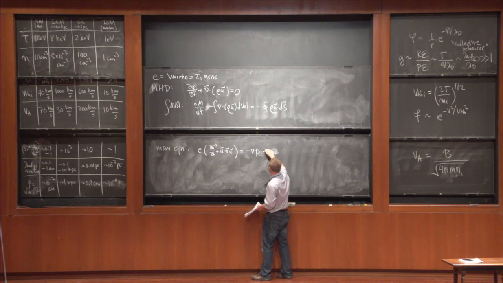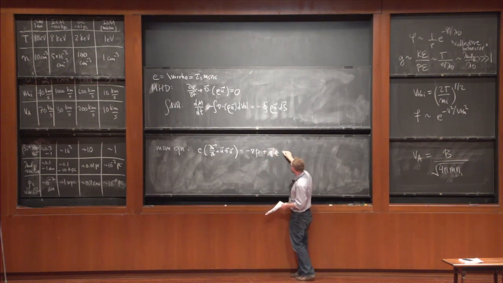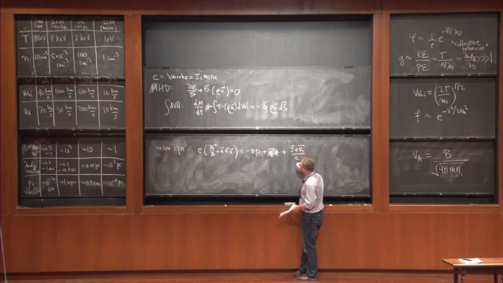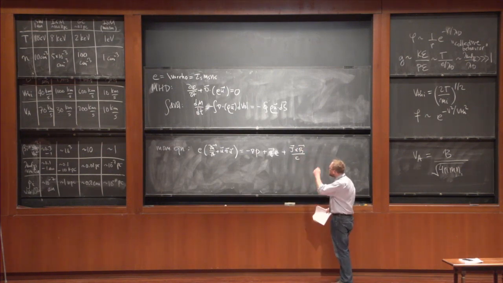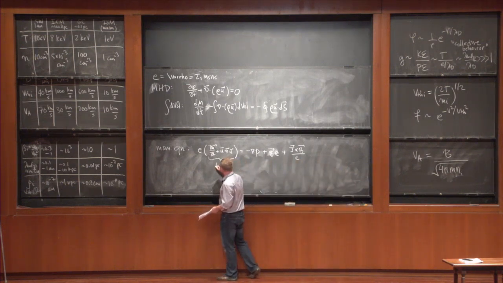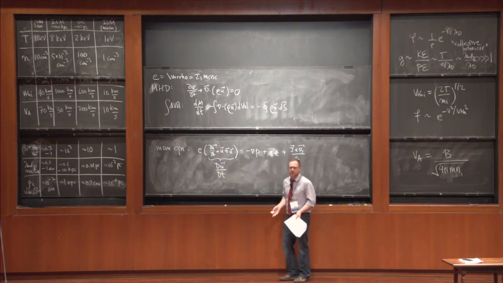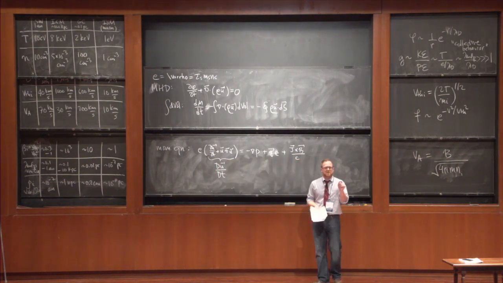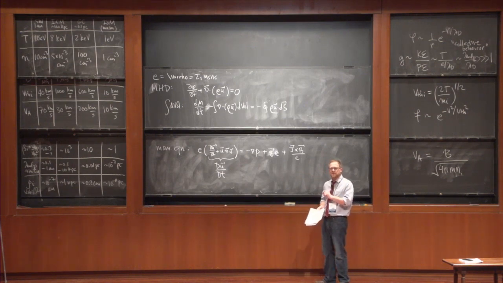Well, I'll write it like this. Okay, so the left-hand side here, I'm just going to write like that. This is the time rate of change of the velocity of a fluid element.